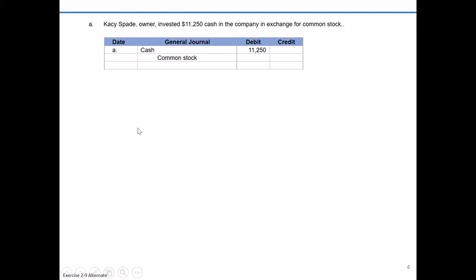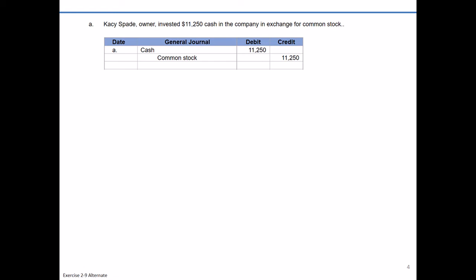Equity accounts are increased with a credit, so we're going to show this as a credit of $11,250. Again, every journal entry has at least one debit and at least one credit, and they're equally balanced in total dollar amount, $11,250.